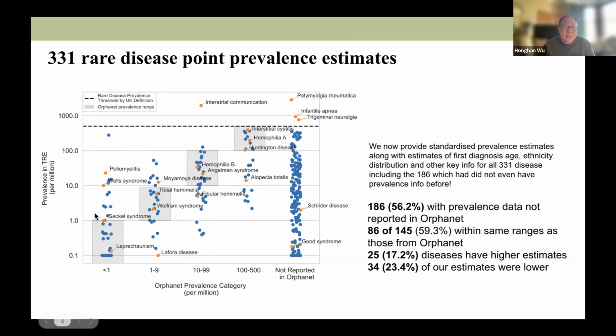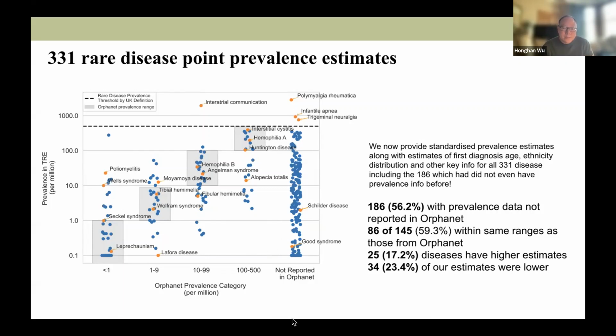Each dot here is a disease. The orange ones are exemplars we identified for detailed discussion in our manuscript for each stratum. As you can see, there are good overlaps in each stratum, but we do have some new evidence, using real-world data, for the prevalence of these rare diseases.